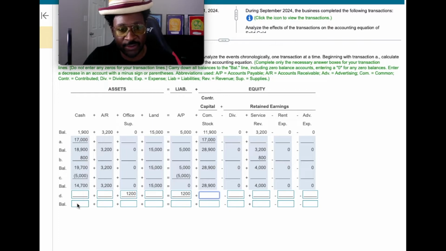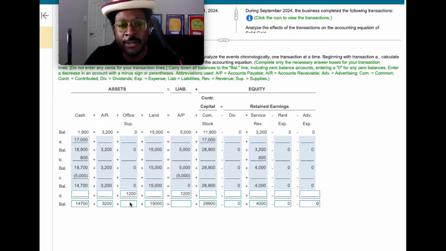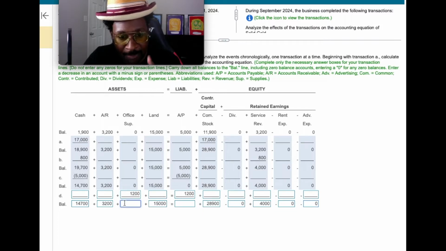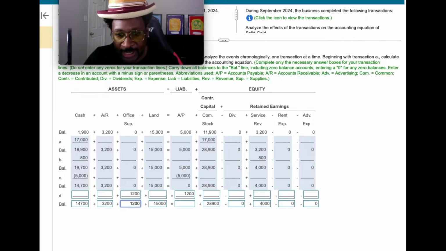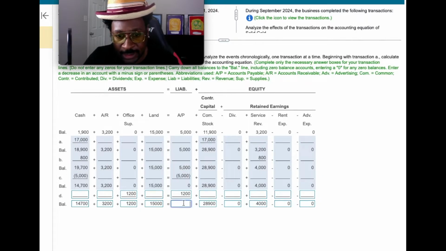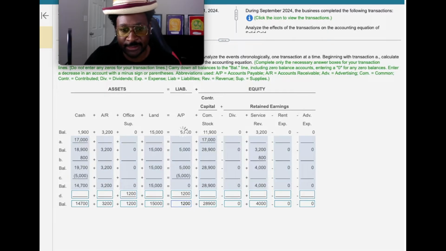Therefore, we're going to carry over our asset account balances that weren't adjusted. Then we're going to adjust our new accounts that were affected from the transaction. So our supplies balance is now increased to $1,200, and our accounts payable liability account went up to $1,200 as well. We're going to check the answer.